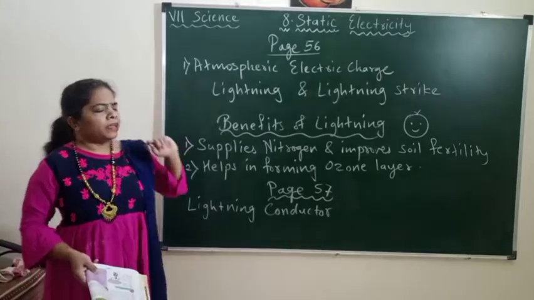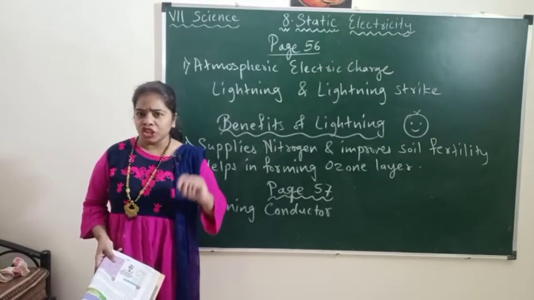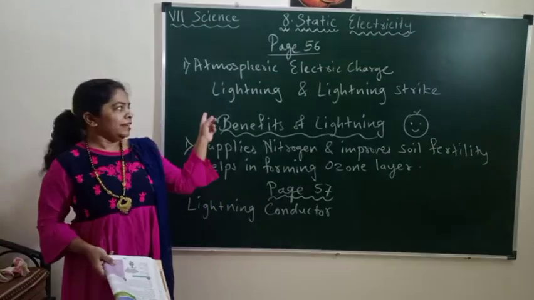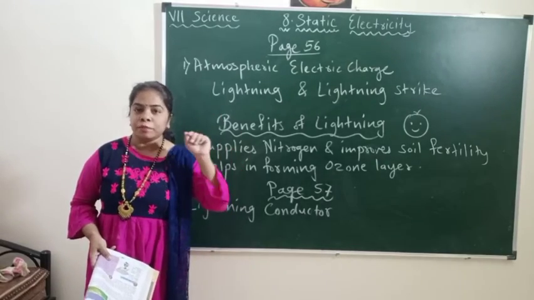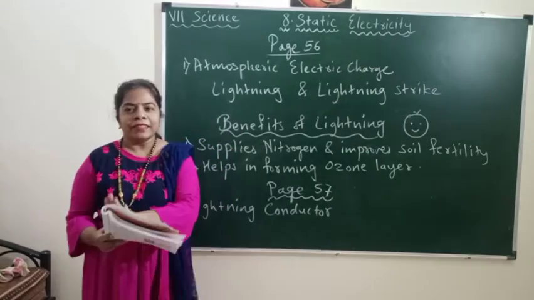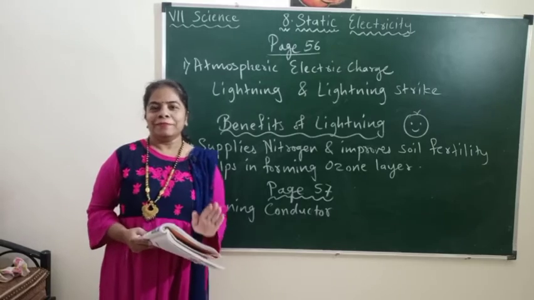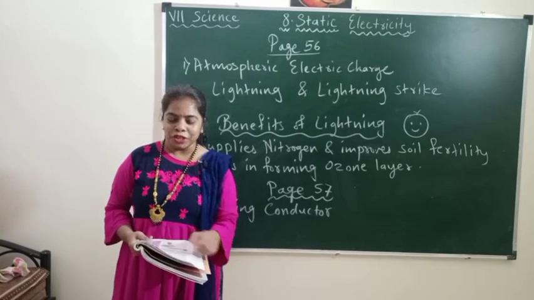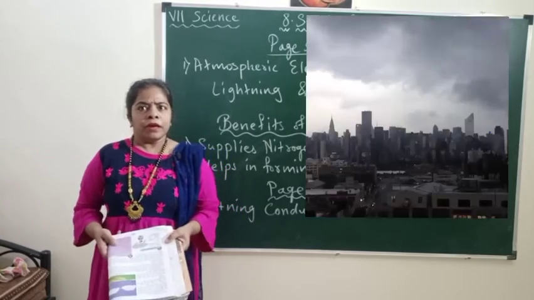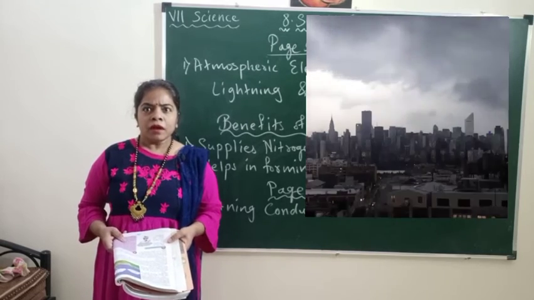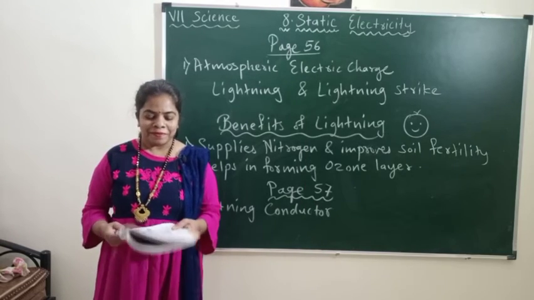First, what is atmospheric electric charge and how lightning and a lightning strike is produced. Now there is a very beautiful explanation given in our textbook, children. We are hearing lightning and thunder sometimes. How does this occur?